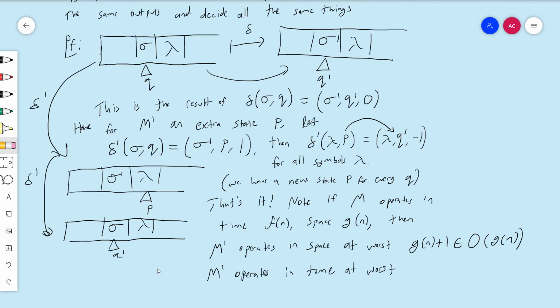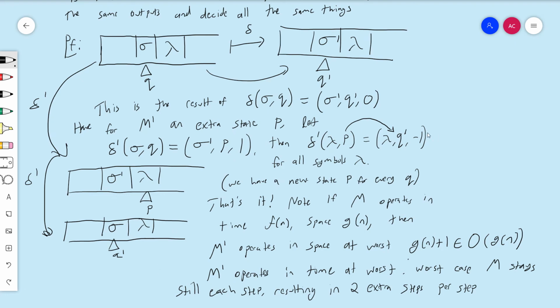At worst, M stays still each step, resulting in 1 extra step per step, but that results in double the steps.